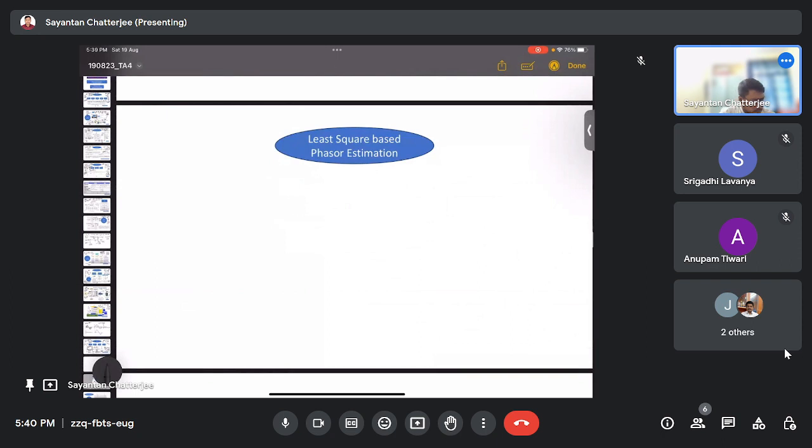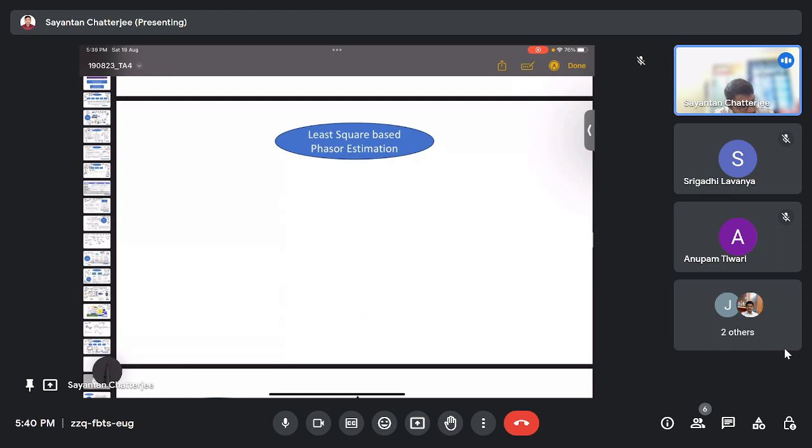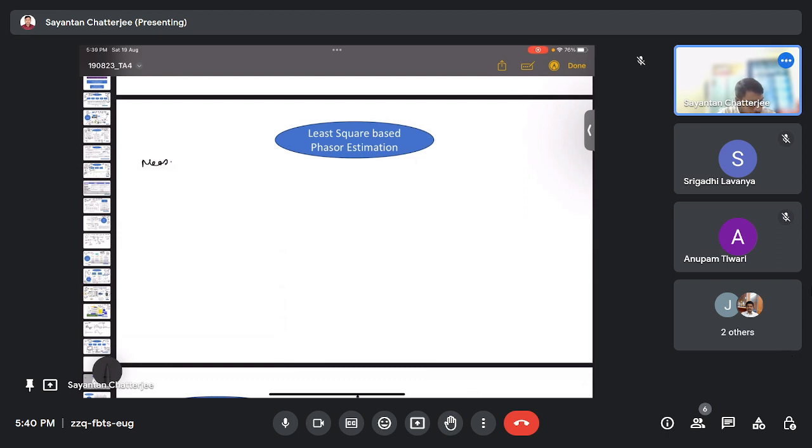Then we have the least square based estimation. In the least square based estimation, mainly we have some measurements, and we have some estimated value.